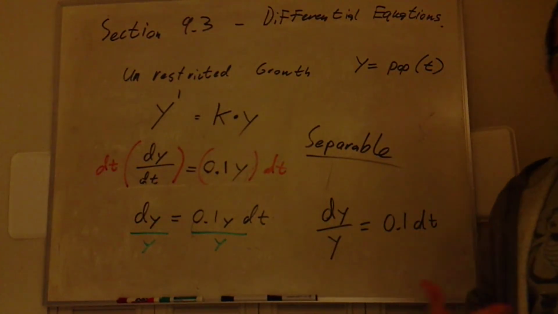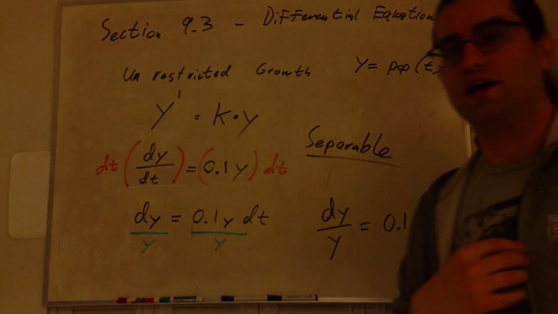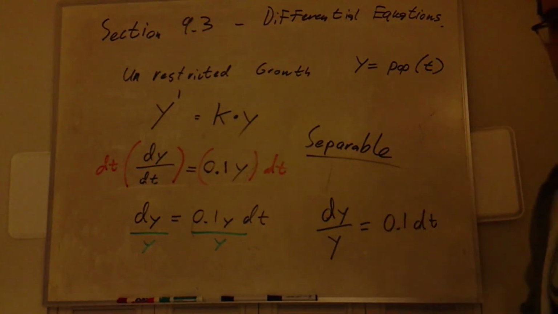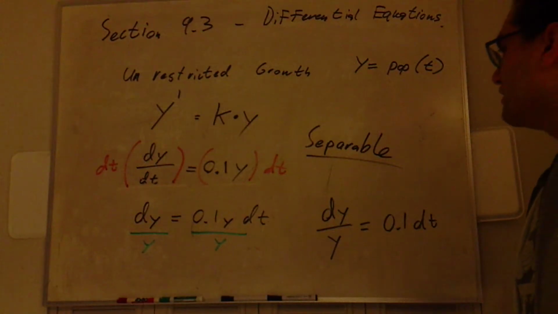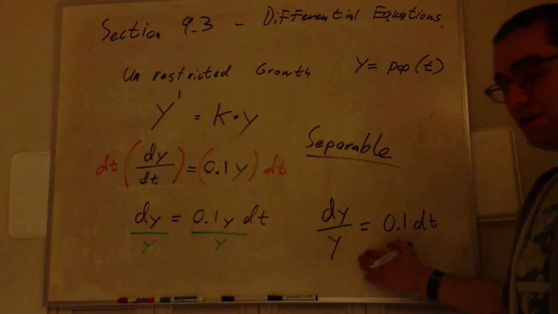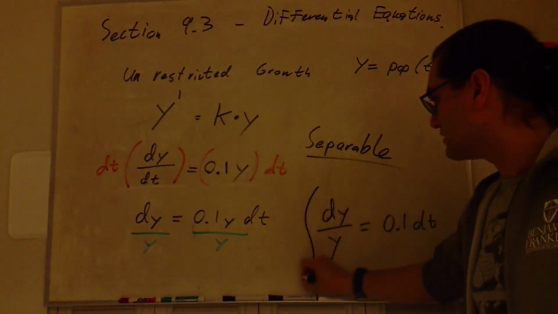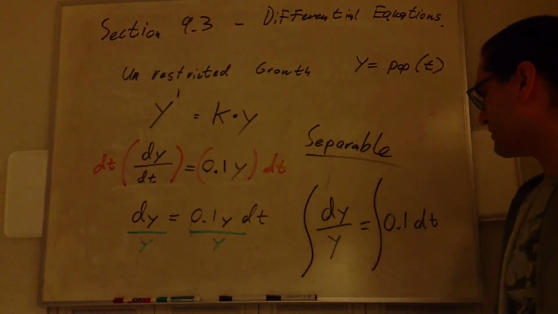So here's the benefit of something being separable, and why a separable differential equation is the baseline introduction. Here's how we solve these things. Once you have these separated, all you have to do is take an antiderivative of both sides of the equation.